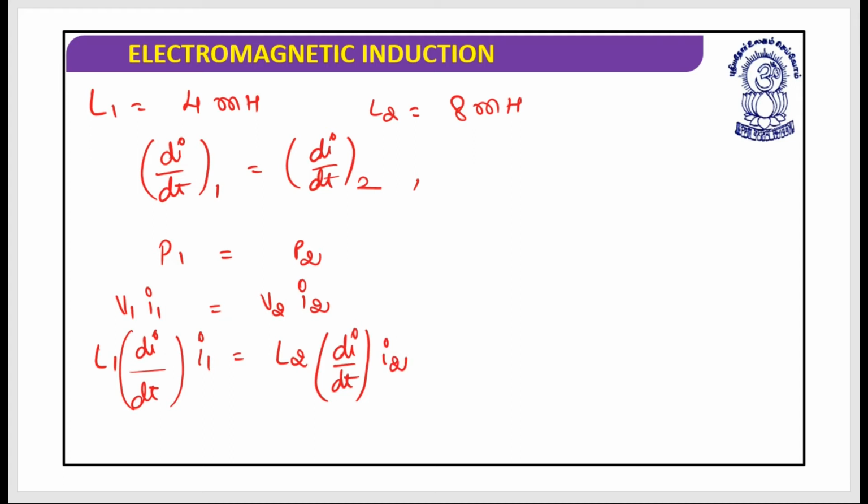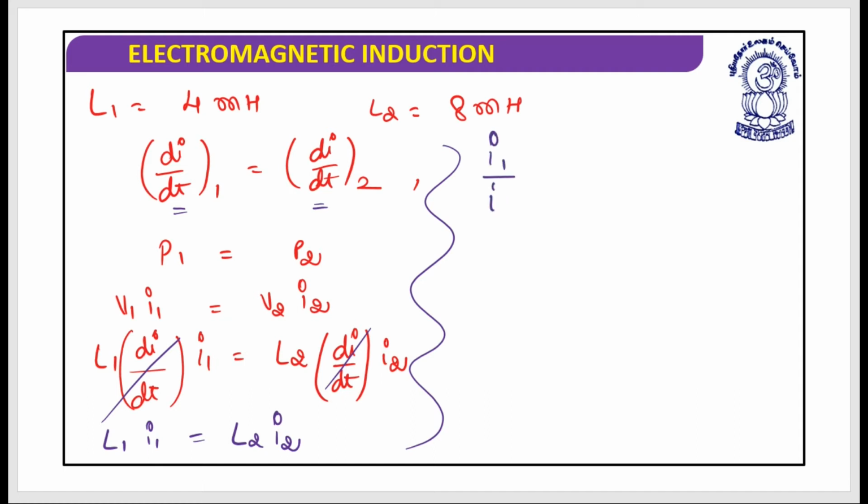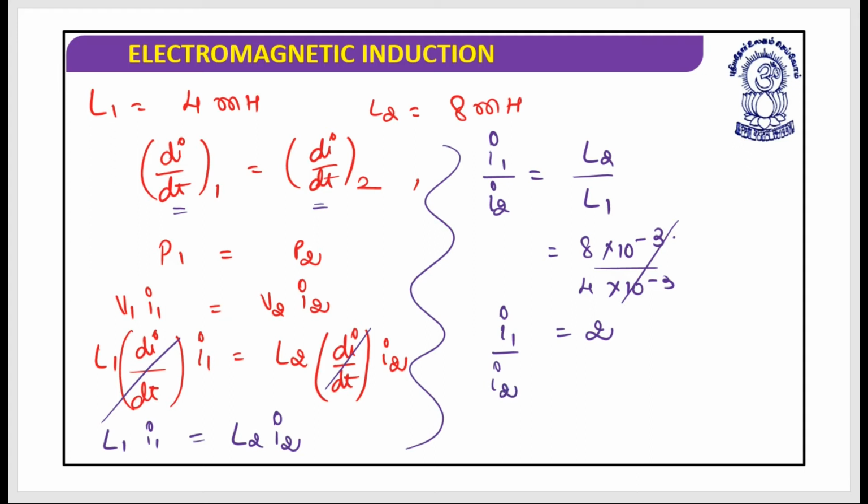Since di by dt are equal, this gives L1 I1 equals L2 I2. So when I take the ratio, I1 is to I2 equals L2 is to L1. L2 is 8 into 10 to the power minus 3, while L1 is 4 into 10 to the power minus 3. This cancels, and I1 is to I2 equals 2. I hope this is clear.